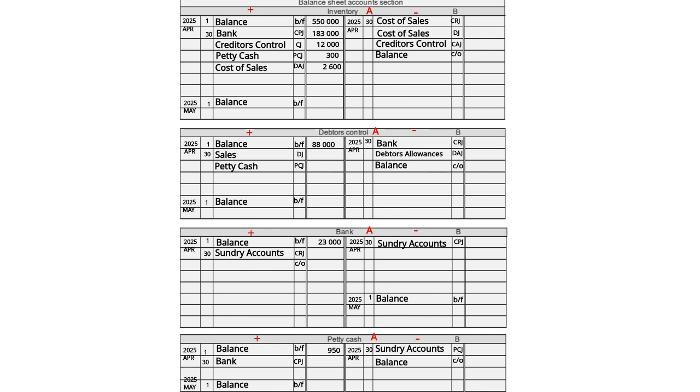Then on the credit side, your CRJ, you're going to go and look at your cost of sales for inventory was 86,000. Your cost of sales DJ is, okay, that we're going to have to calculate. I'm going to explain that to you now. Then let's just quickly complete our creditors allowances of 1,500.